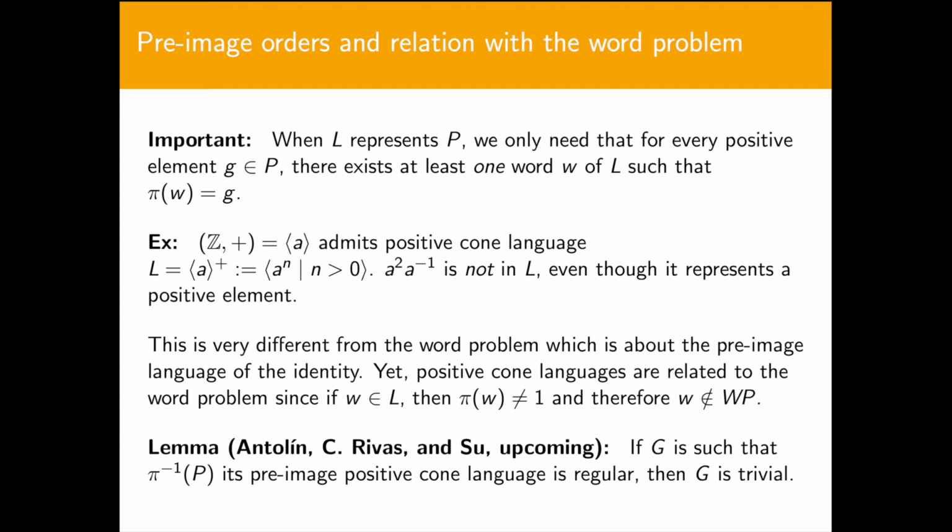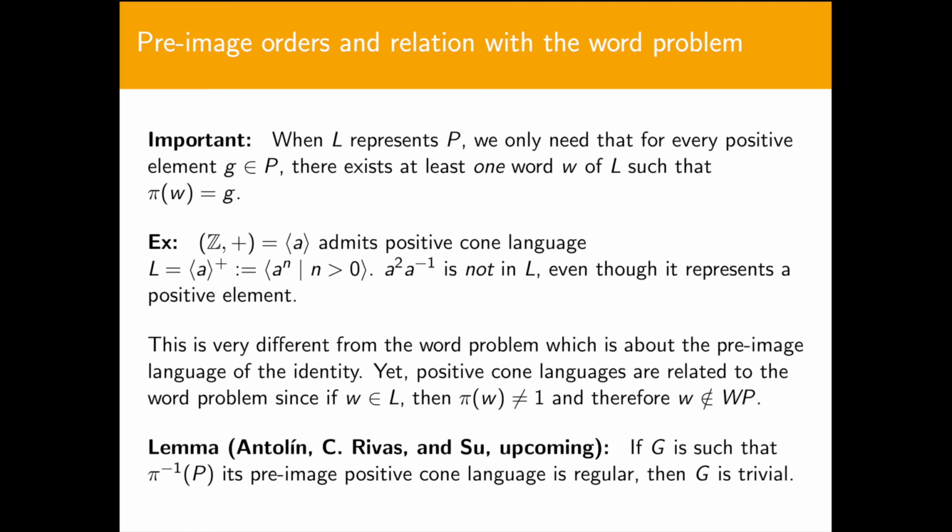Yet positive cone languages are related to the word problem, since if W is in a positive cone language, then clearly it doesn't equate to 1, because it evaluates to something in P, and therefore W is not the identity. So here's a lemma. If G is such that the pre-image language of one of its positive cones is regular, then G is trivial.